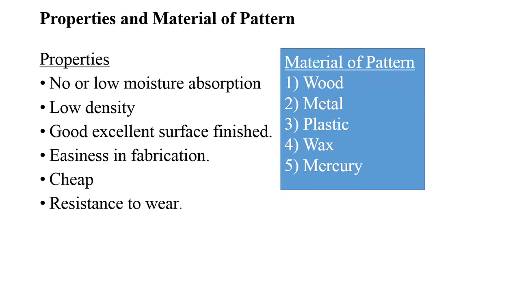Now if you see the properties the pattern should have, the first property is no or low moisture absorption in the material. If you take the example of wood, for instance your door which is made of wood, during the summer season the wood shrinks, and during the rainy season it swells.